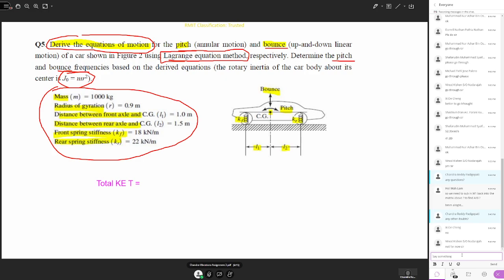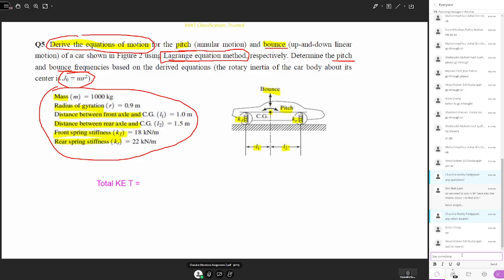Guys, any answer for the total kinetic energy of the system? It is based on the mass, the displacement along bounce, and the angular displacement.